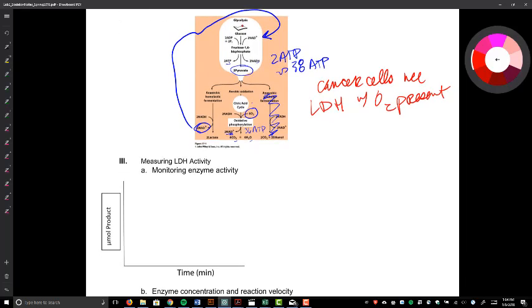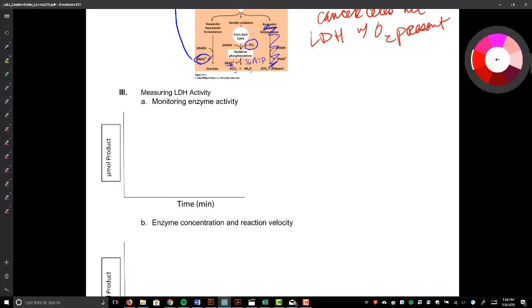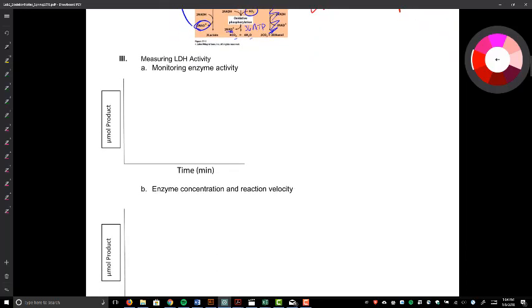So now let's talk more about practically how we're going to measure LDH activity over the course of this lab and throughout the course of this semester, or at least the first half of this semester. And so the bigger question then is, how do we measure enzyme activity? So I mentioned earlier that this enzyme works by taking a substrate and a cofactor, bringing it into close proximity and enabling the chemical reaction to happen.